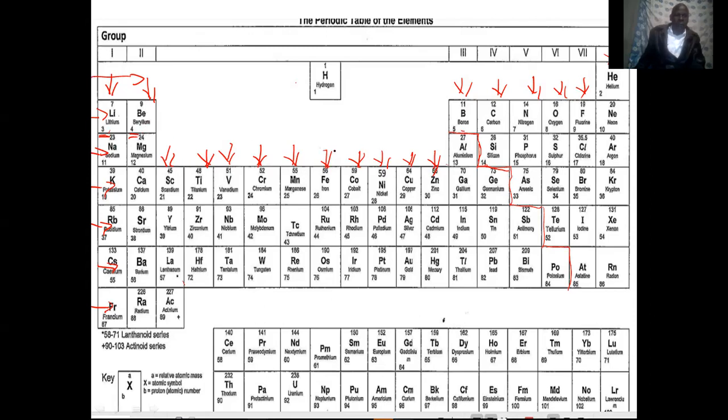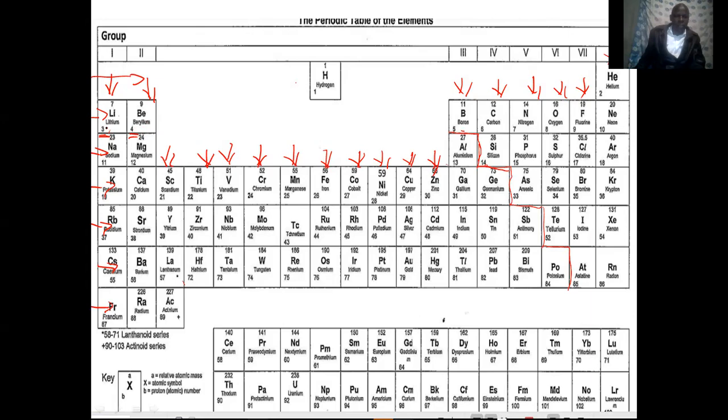However, the metallic characteristic is going to reduce. The one with a lower atomic number will be more metallic. That's across the period.